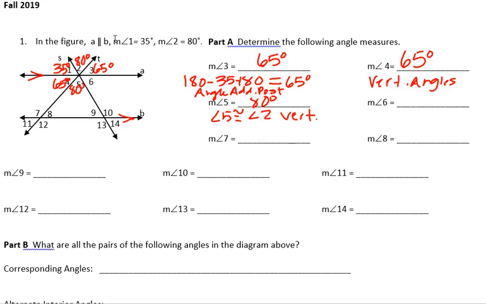And up here we had for 4, that angle 3 was congruent to angle 4. So number 6 is a vertical angle to 1, so we could say again, angle 1 is congruent to angle 6, vertical angles again. So this one's going to be 35 as well.